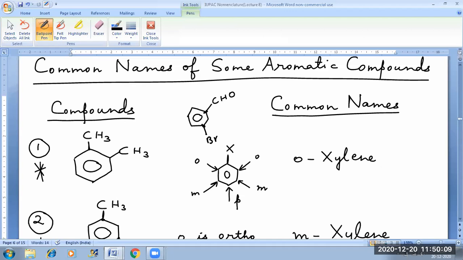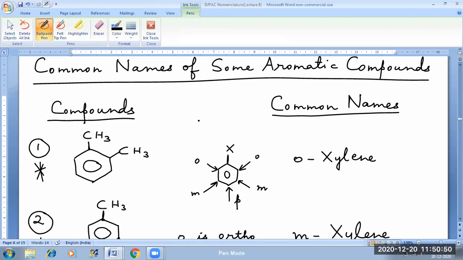These are at meta positions. Meta means not on the adjacent carbon atom, but one carbon atom after the adjacent carbon atom. That means it is at an alternate position. Similarly, if I write a group here, now also I can say that NO2 is present at the meta position of benzaldehyde. So meta is, you leave one carbon atom and then you attach something. That is why it is called meta.